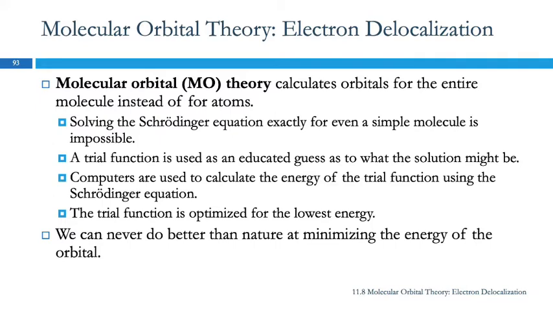You can't solve the Schrodinger equation, so they basically take an educated guess and put in a trial function and see how that works out, and then they make adjustments. And they're trying to get the lowest energy for those orbitals. Of course, like it says, we can never do better than nature at minimizing the energy of the orbital.